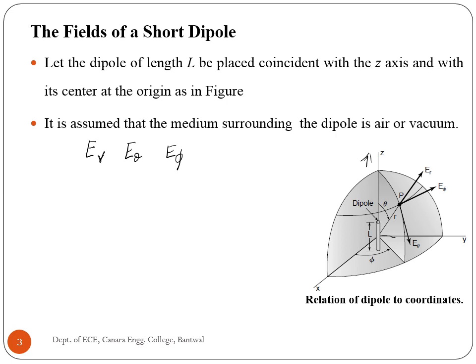If a current is flowing in the short dipole, the effect of the current is not felt instantaneously at the point P, but only after an interval equal to the time required for the disturbance to propagate over the distance r.